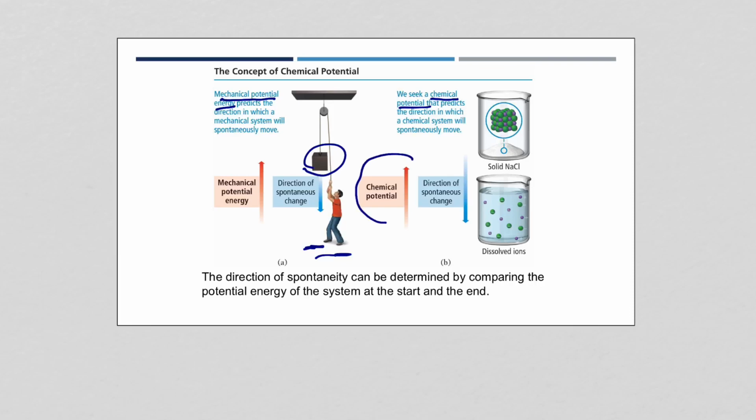But what is this value, this potential that is lower here in the dissolved form and higher up here? So the spontaneous direction must coincide with a decrease in this chemical potential. That's the bottom line, and that's what we're going to try to establish.